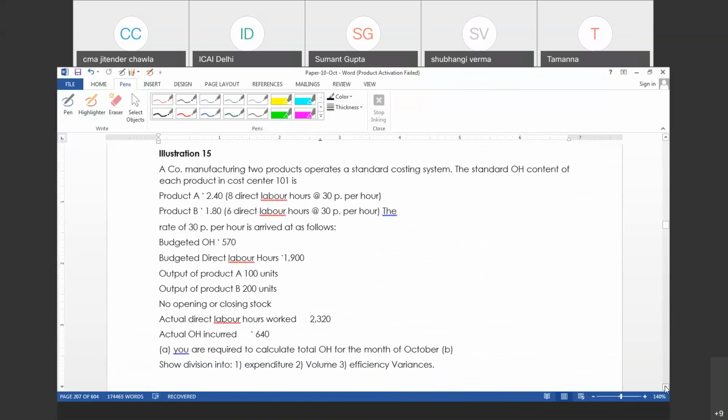यस, तो हम ये अब अपने तरीके से करेंगे, राइट। पूरा सॉल्यूशन पेपर में जैसे करना है। A company is manufacturing two type of product and operates standard costing system.